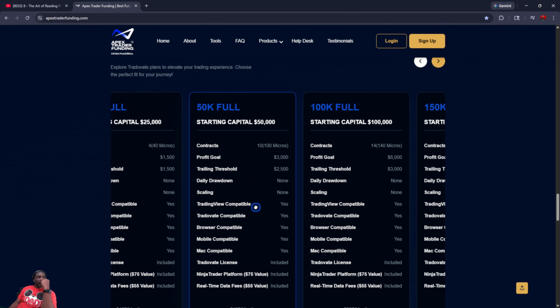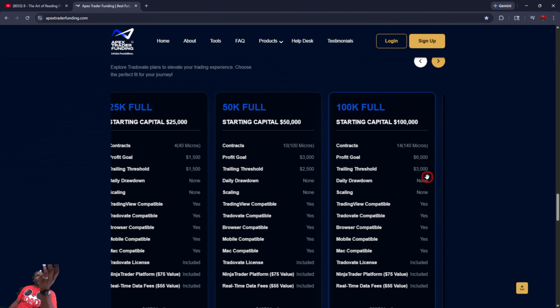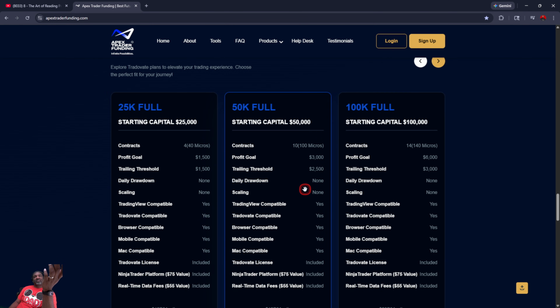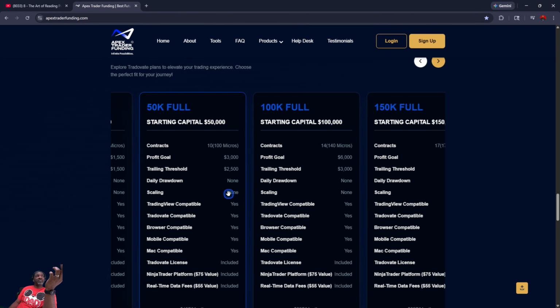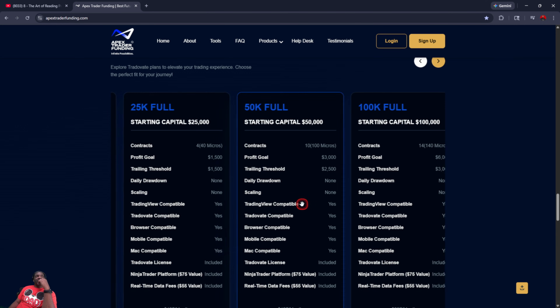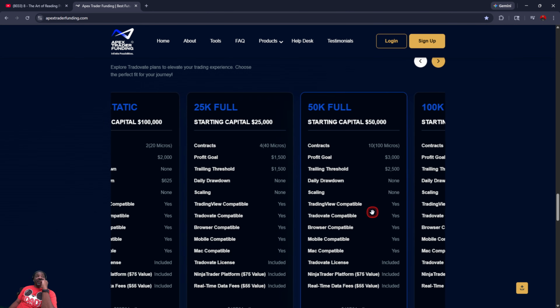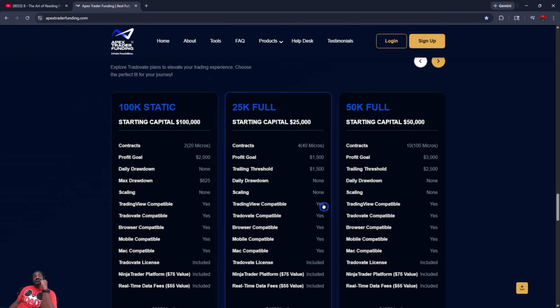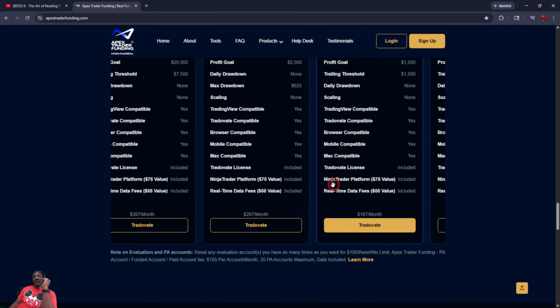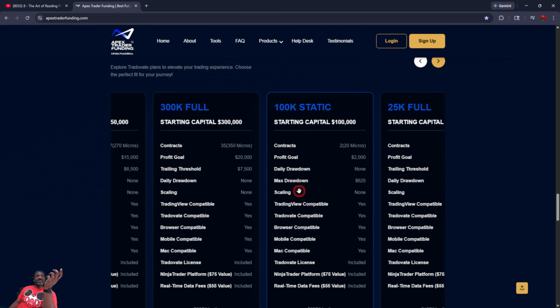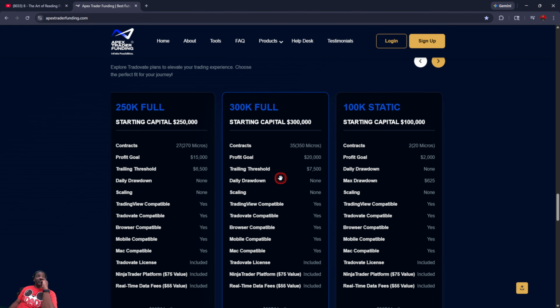It matters not what size account you get. What matters is getting to the payout and trying to get that 25,000 per account, because with Apex, the first 25,000 per account is yours. You take 100% of the first 25,000 per account, right? So the thing is trying to get to that, to be able to take out that 25,000.